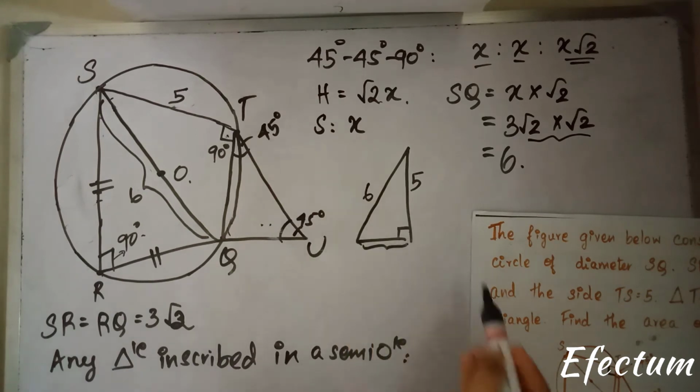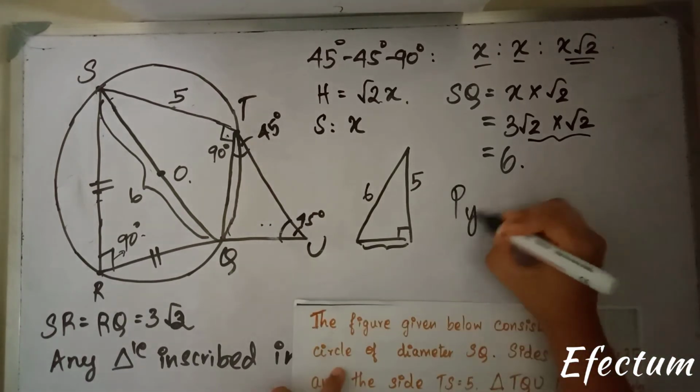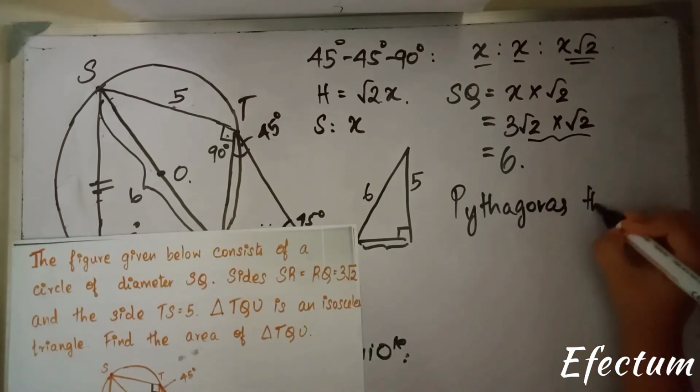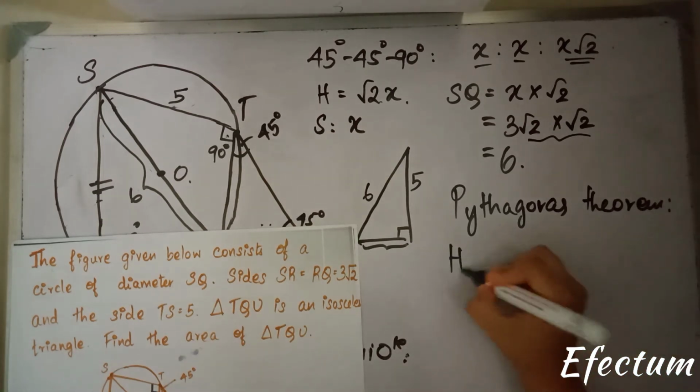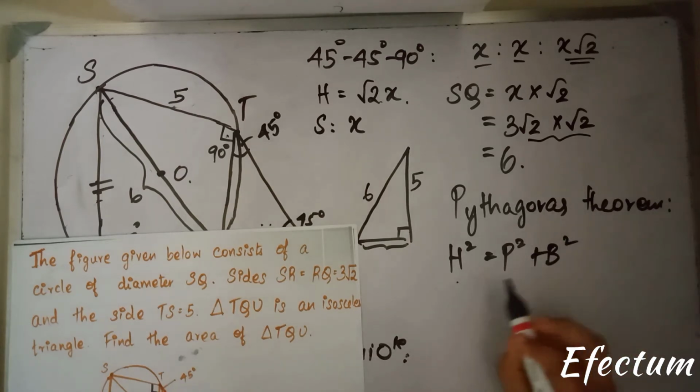Now what is this side? According to Pythagoras theorem, we know that h square is equal to p square plus b square, where h square is the hypotenuse, p is the perpendicular and this is the base or the adjacent.